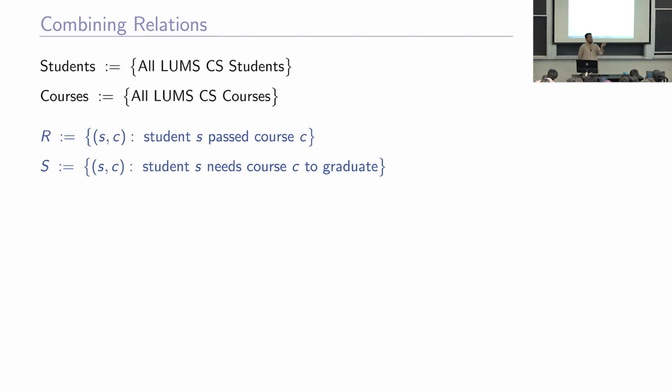It only lists those pairs if the student has passed the course C. And the relation S is those ordered pairs of student and course C, if the student needs the course C to graduate, because he or she is a CS student of a particular level. If course C is a required course, a core course, or a prerequisite course, then it is listed there. Is it clear?